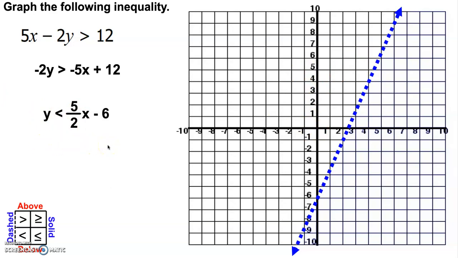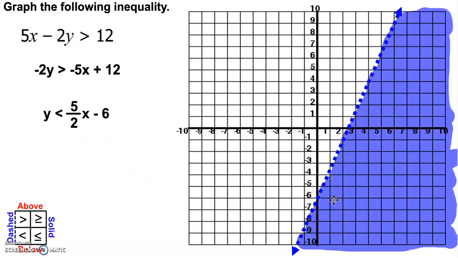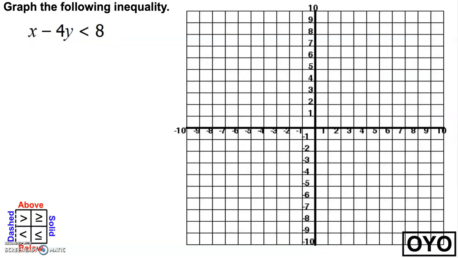Is that true? Is 0 less than -6? No. So we would shade on the other side of the line. Once again, notice we have less than. So less than is a dashed line and shade below, which is what we ended up with, a dashed line where we shaded below.